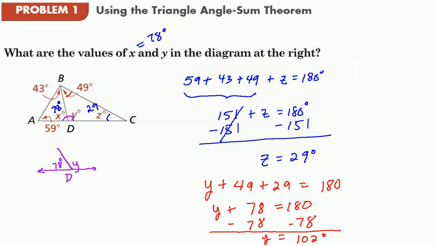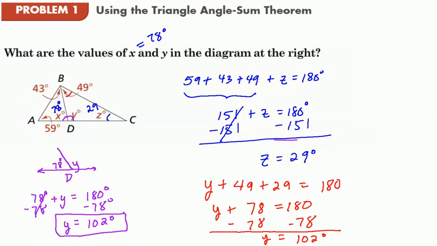So I could have said that 78 degrees plus y would equal 180 degrees. So therefore, we subtract 78, and instead of going through these two triangles, we could have solved y, and that would have been 102. We still would have gotten the same result.